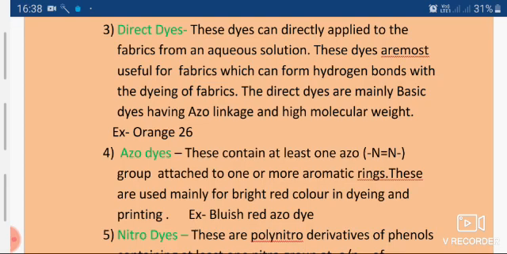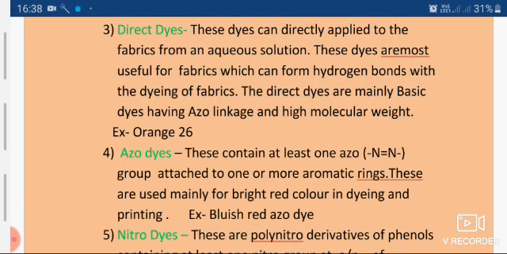Now the clothes you wear contain hydroxy groups and amino groups, and these groups can form hydrogen bonds with these dyes, and they tightly fasten to the cloth.